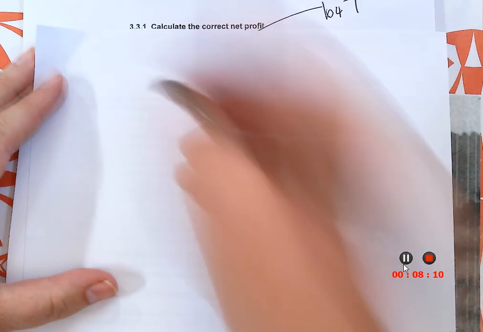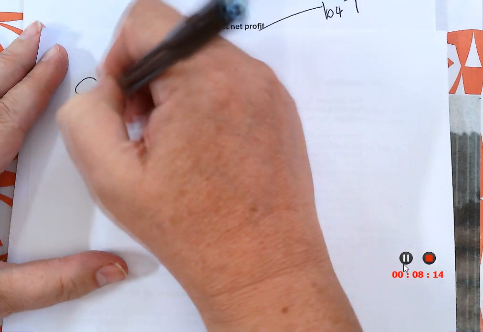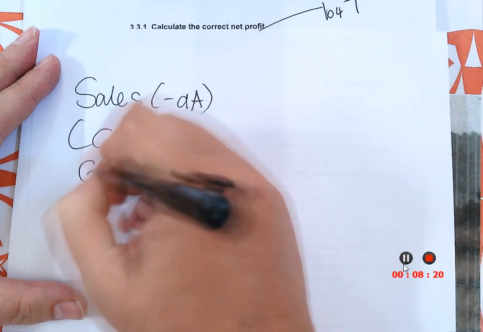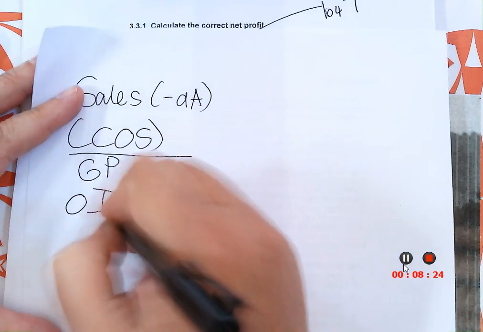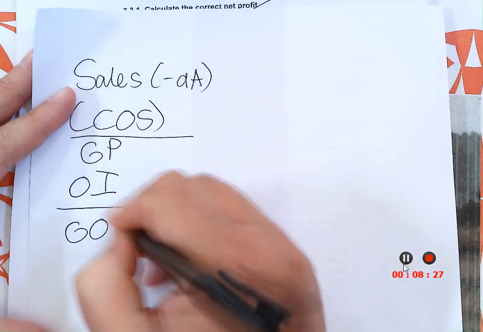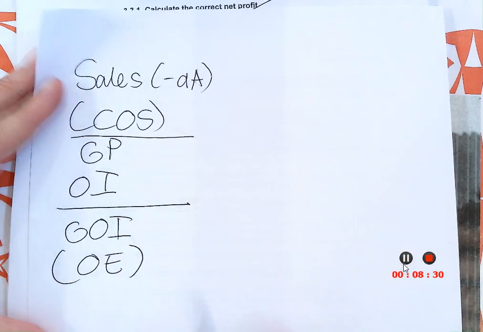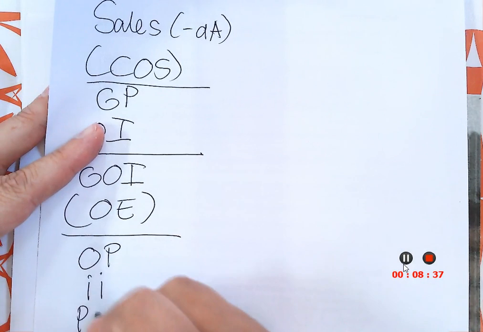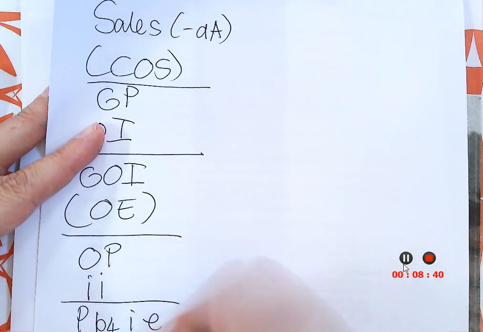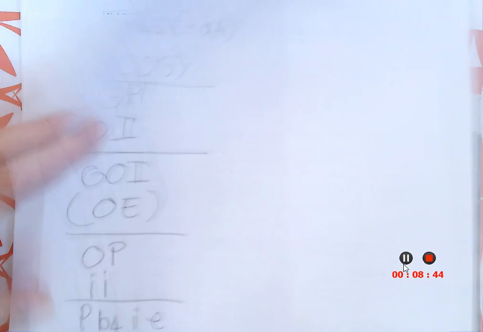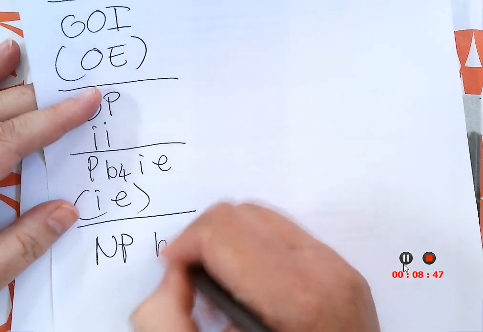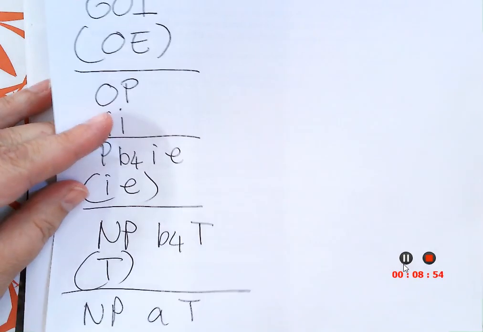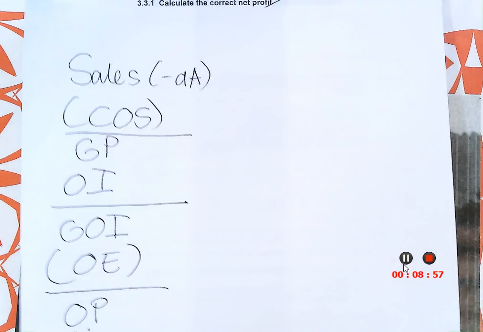You can shout it with me: sales, less debtors allowance, cost of sales, gross profit, operating income, gross operating income, operating expense, operating profit, interest income, profit before interest expense, net profit before tax, net profit after tax.